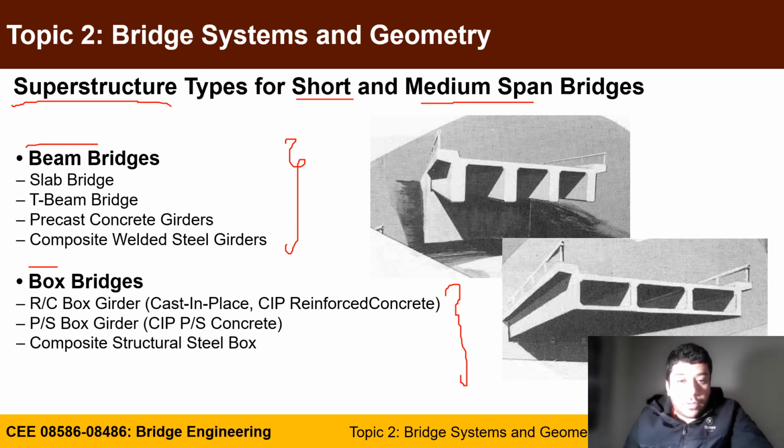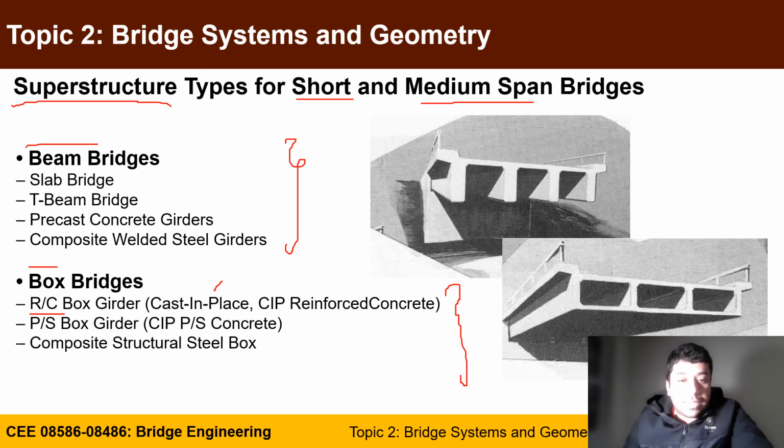In terms of beam bridges or girder bridges, we have types such as slab bridge, T-beam bridge, precast concrete girders, and composite welded steel girders. For box bridges, you have reinforced concrete R/C box girder. It can be cast in place, or sometimes it can be segmental box girders.